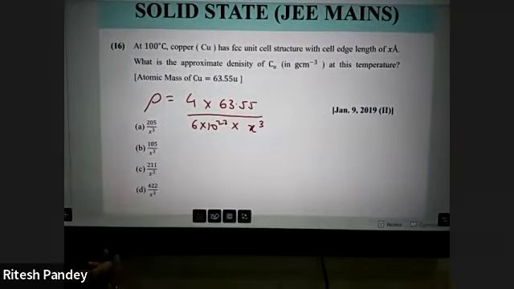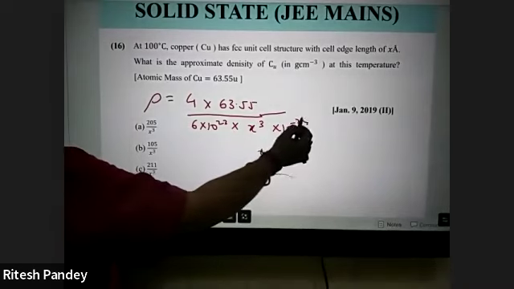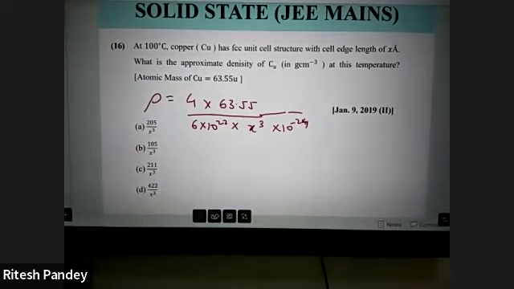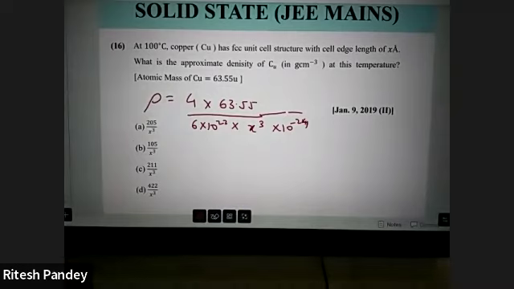So this is within reach, I believe. X cube into 10 to the power minus 24 naturally, because that's X in angstrom. I know it's going to be a multiple of 400 kind of. Yes or no? I'll go with the closest value of 400, which is 422.